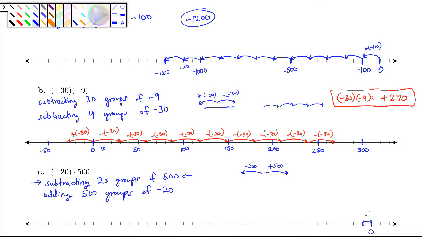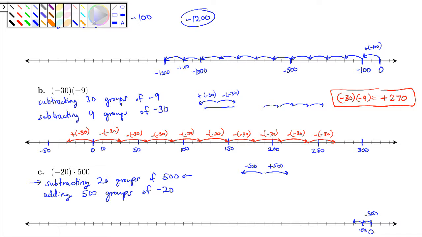So minus 500. And then another one. This brings in a nice little thing about subtracting 20 groups of 500.